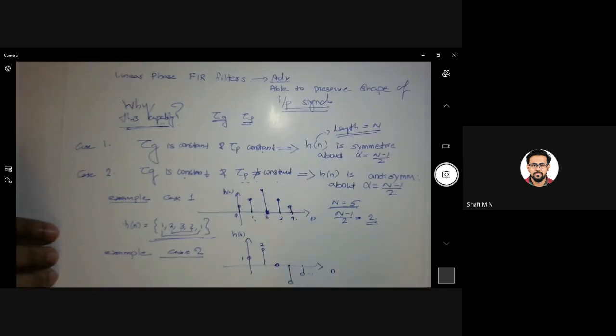So this is what you mean by anti-symmetry. Your h(n) can be written like this: h(n) equal to 1, 2, 0, minus 2, minus 1. Got it. This is an important observation. Note it. Then we will look into the design methods.